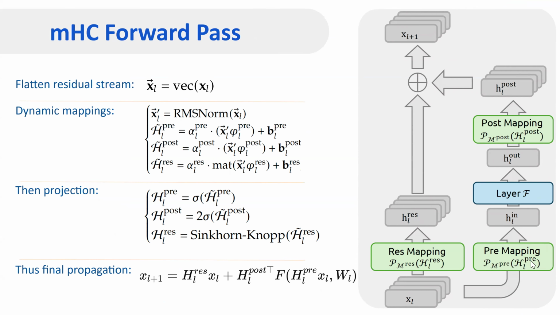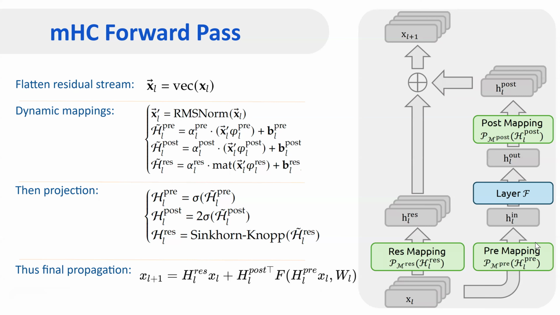We have added some parts where we project these mappings to manifolds. Firstly, we flatten residual streams, all of these N by C matrices, to 1 by NC. After that, we apply root mean square norm.